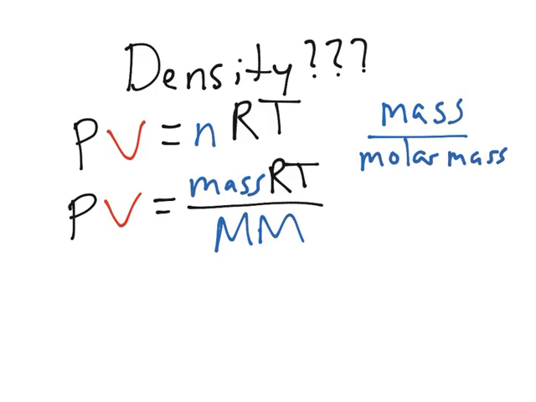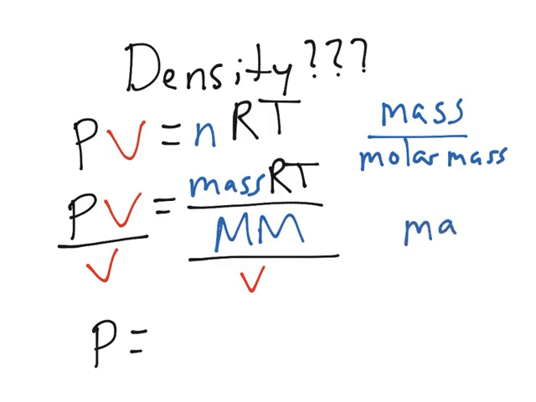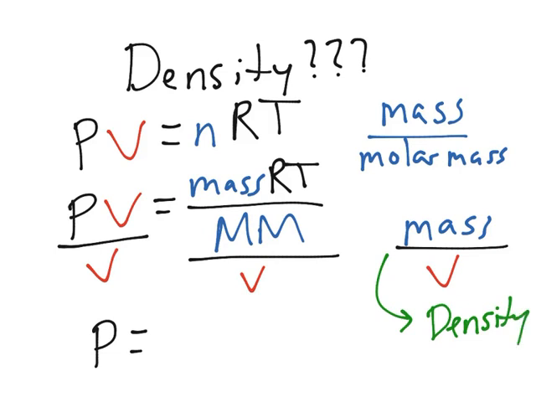All we did here was replace n with mass over molar mass, which is the same thing. Now, even more interestingly, if we were to divide both sides by the volume in order to get pressure by itself, this left side would equal pressure, but then I need you to consider what is mass, which is on top of this fraction, and we're now dividing that by volume. Well, mass divided by volume is nothing more than density.